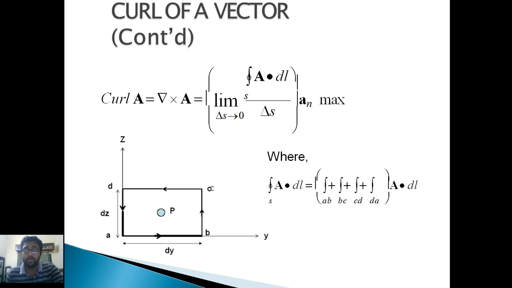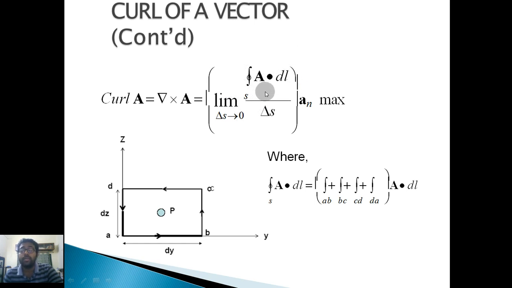Now in the case of curl, del cross A is the curl of a vector. It is mathematically represented as the closed loop integral of A dot dl divided by del S. Now what is the significance of A dot dl?